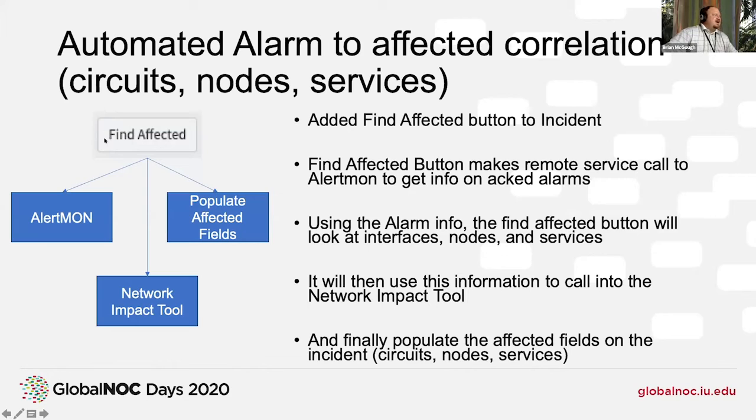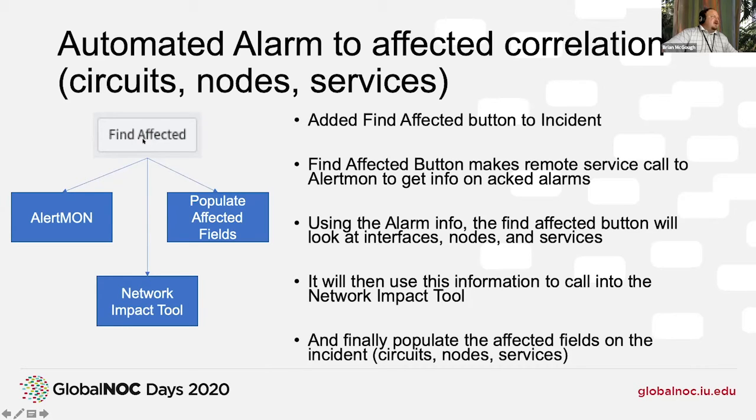We've got this Find Affected button, and this button lives on the incident. So what happens whenever this button is clicked, assuming the incident already had some alarms attached to it, is that we can go out and talk to AlertMon, say, hey, what alerts are attached to me? And we can get that information back.